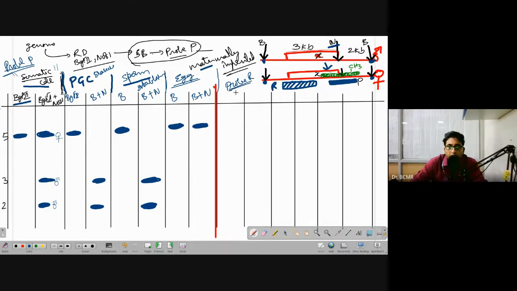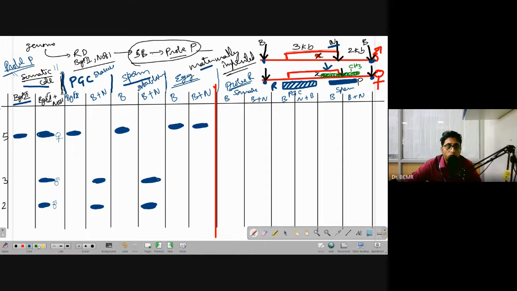What would you expect for somatic cells in B and B plus N, in primordial germ cells, B plus N, in sperm, B and B plus N? So what bands would you expect in this case?